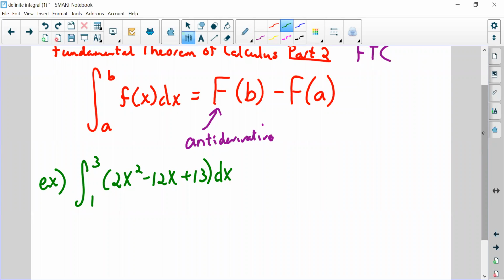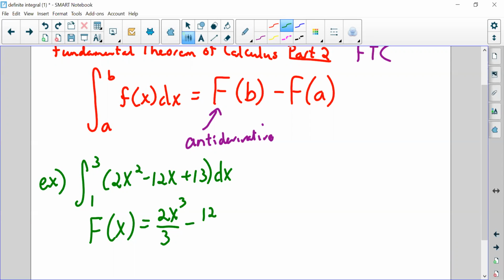So step 1, we need to figure out what the antiderivative of this function is. I'm just going to write it over here as big F of x. I just want to figure out the basic antiderivative in terms of x. So what would be our antiderivative for this equation? 2x cubed over 3, minus 12x squared over 2, plus 13x.